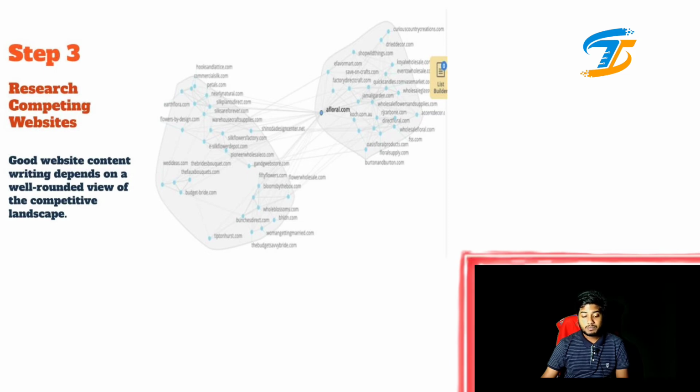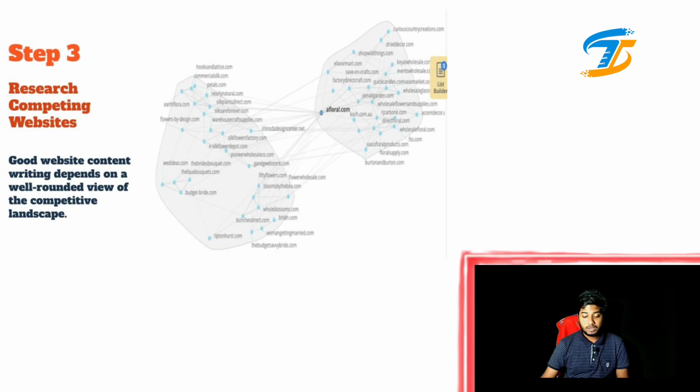Spend some time visiting each of the top competitor sites to absorb their style, topics, and how they differ. One note, very important note, please note it. At this stage, you are looking at competing websites as a whole.